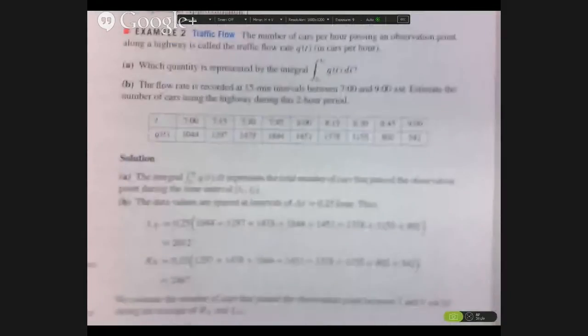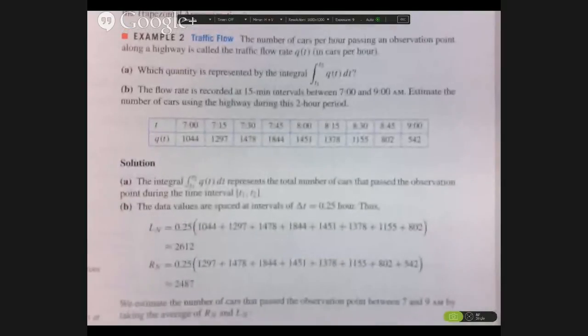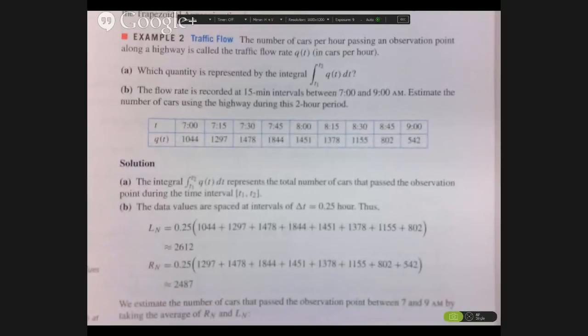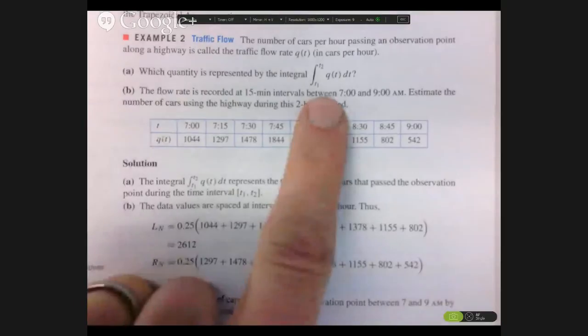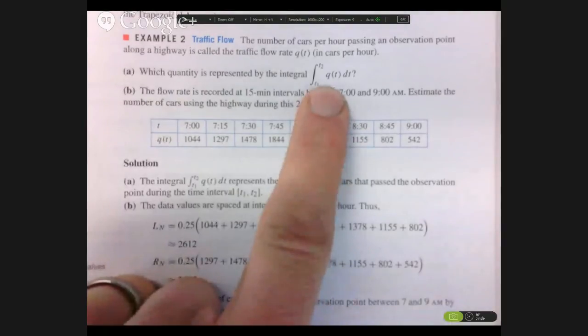Are you given a function? No, you're just given some data in a table. Right. So which quantity is represented by this integral from T1 to T2 of Q of T?